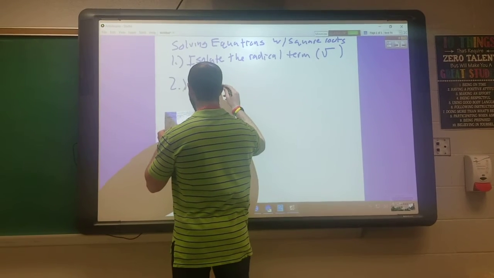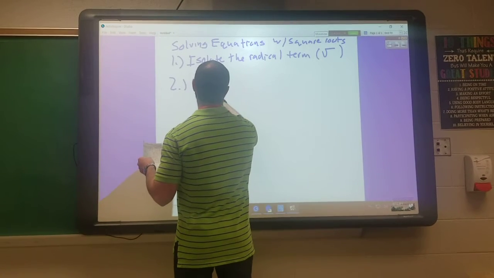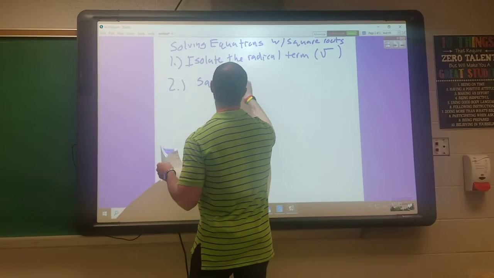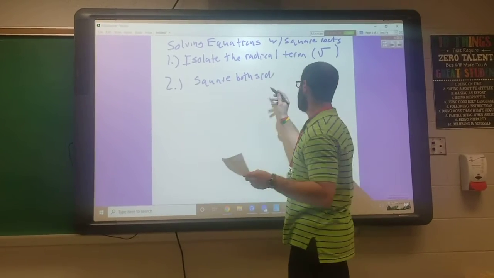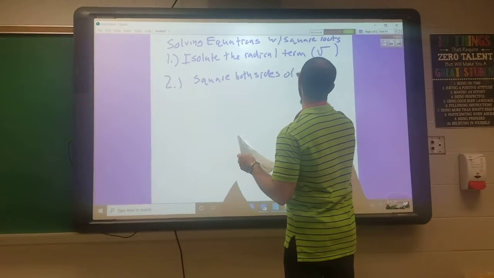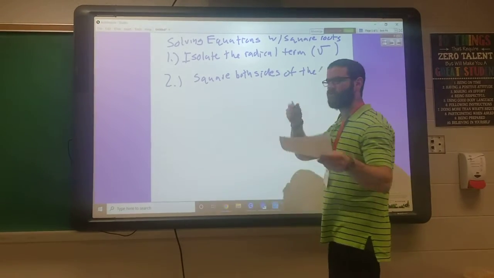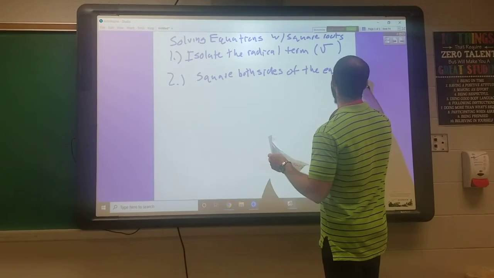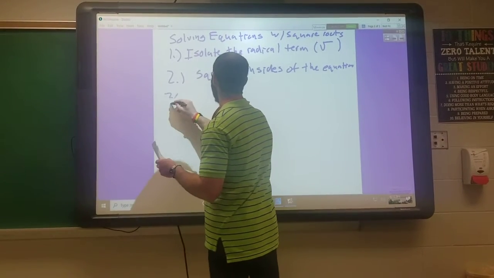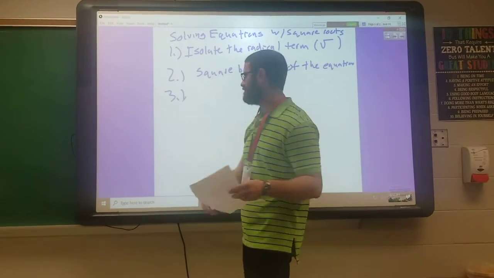Step 2 would be, once that's the case, you want to square both sides of the equation, which is going to get rid of the square root. So squaring a square root gets rid of the square root. And then of course we would take the necessary steps to solve whatever equation's left.